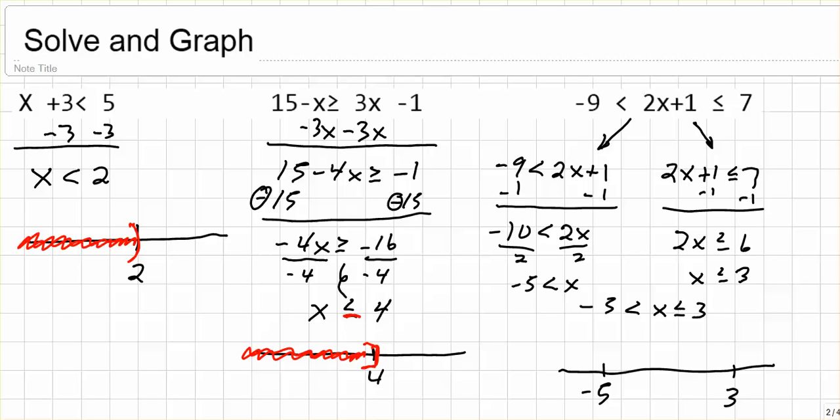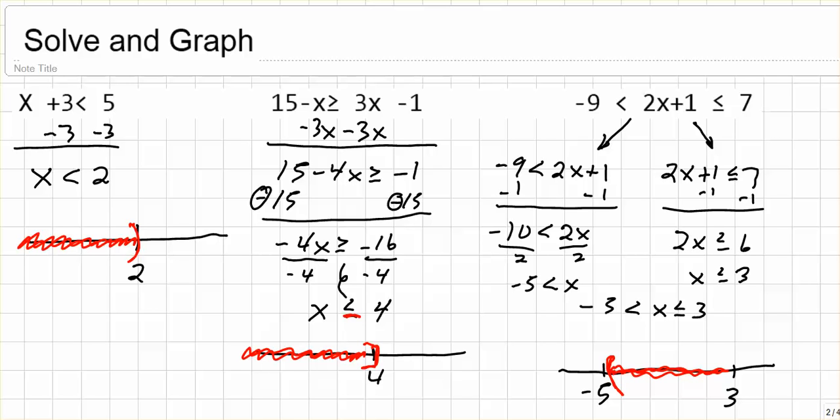We know that x is between that, so we're going to shade in the values between them. The first part of the inequality, minus 5 is less than x, or x is greater than minus 5. We don't want to include minus 5, so we'll use a parenthesis.